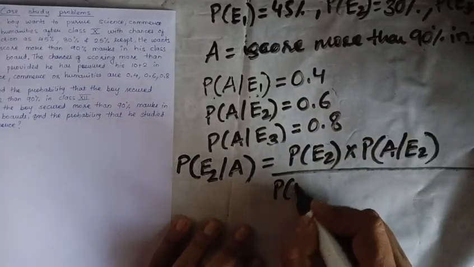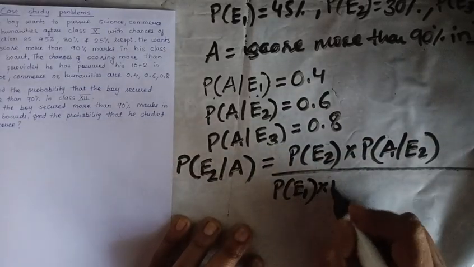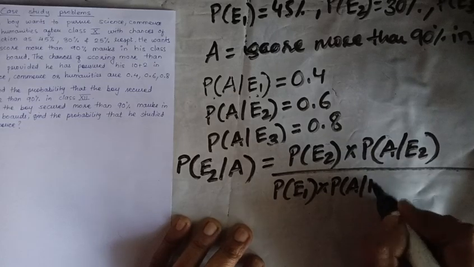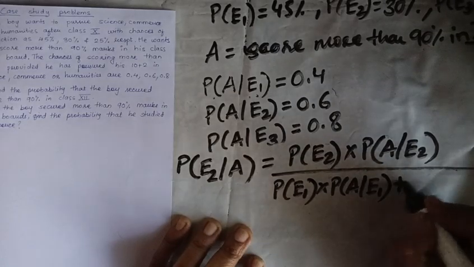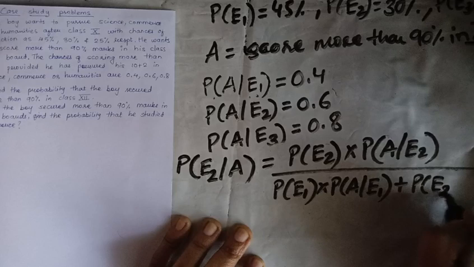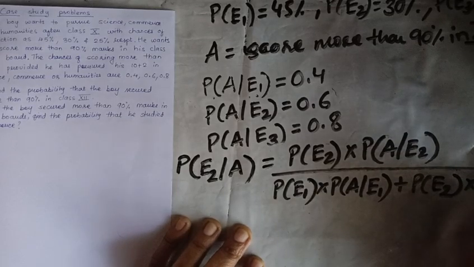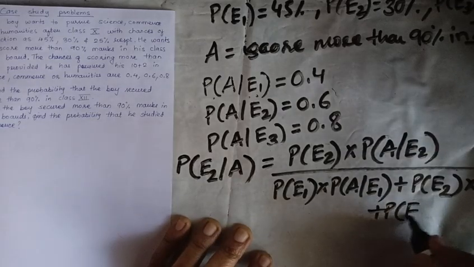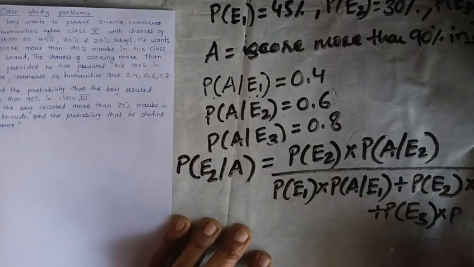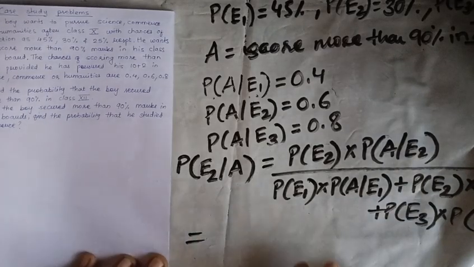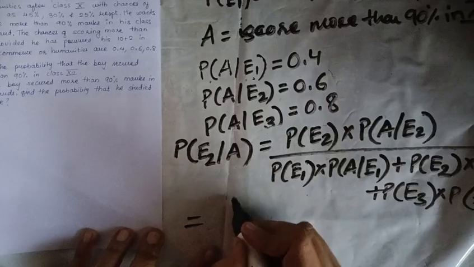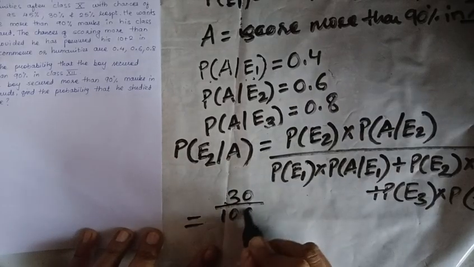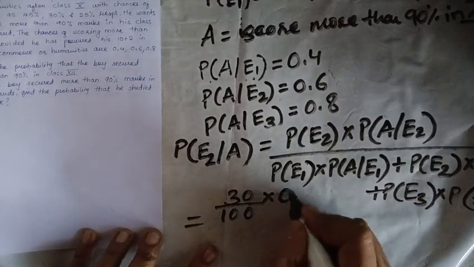on P of E1 into P of A over E1 plus P of E2 into P of A over E2 plus P of E3 into P of A over E3. Okay. So P of E2 is 30%, 30 by 100 into 0.6.